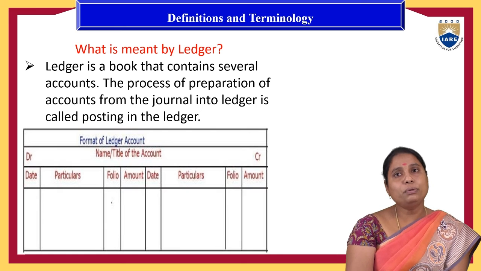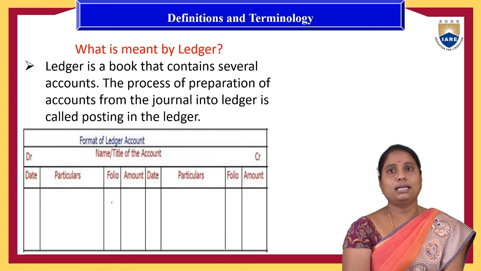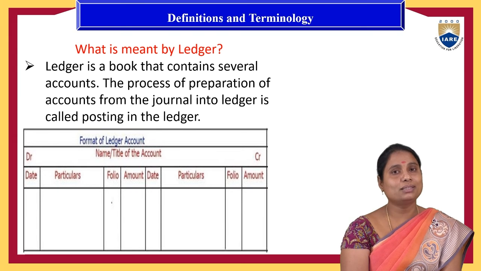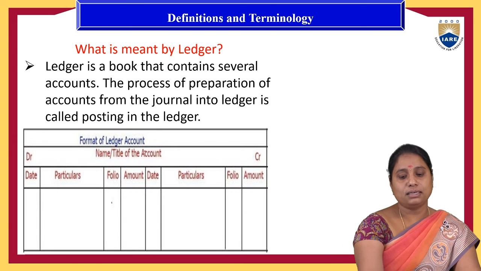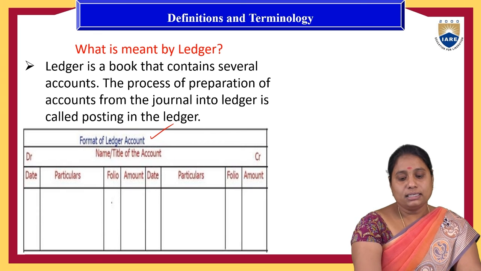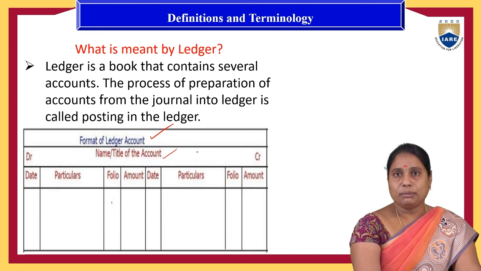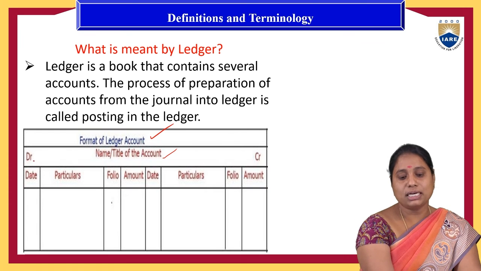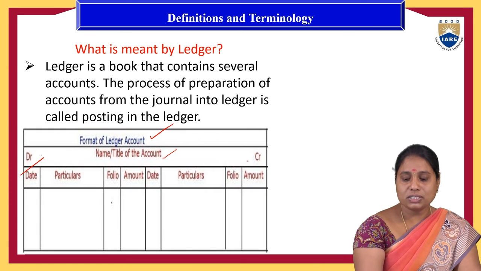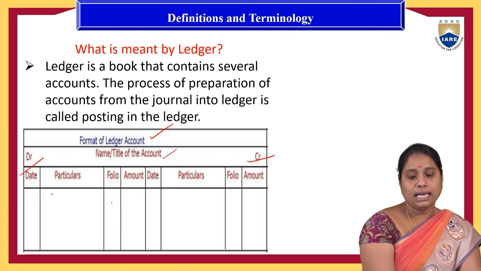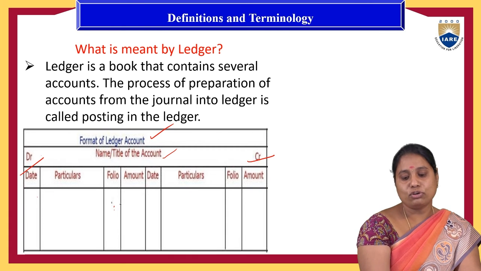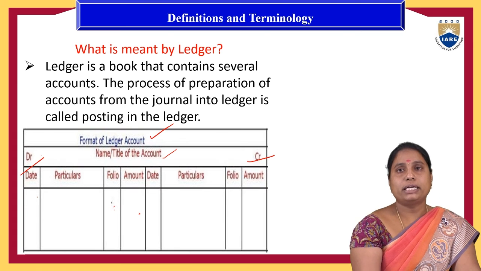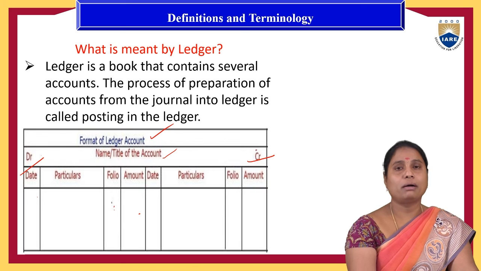That means it is a book that contains several accounts, and the process of transferring the accounts from the journal into the ledger is called posting in the ledger. Its format has the name or title of that particular account on top: purchases account, cash account, capital account, etc. The left side is the debit and the right side is the credit, with date, particulars, journal folio number and amount. It is double-sided.